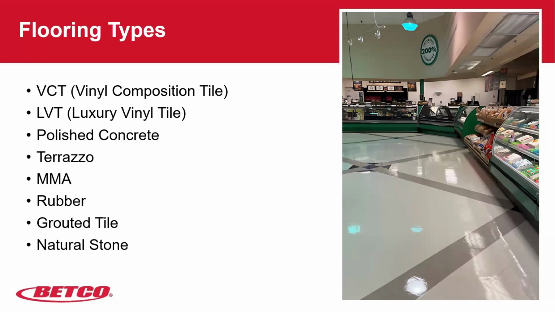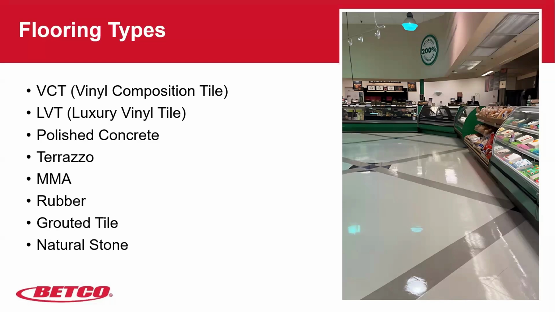Now, we have a couple of very popular flooring substrates that are gaining popularity in the marketplace. Unfortunately, they're sold as no maintenance floors, but that could be further from the truth. I think all of you on the webinar today firmly believe there's no such thing as a no maintenance floor type out there. The first one would be LVT or LVP, luxury vinyl tile, luxury vinyl plank.